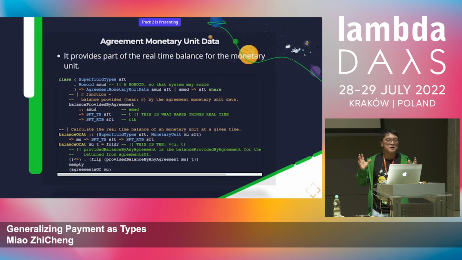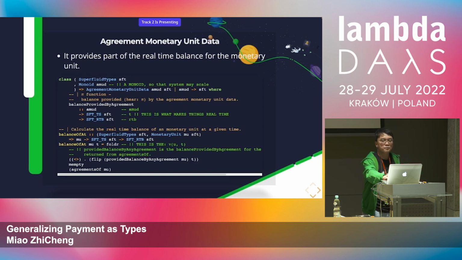So the agreement monetary unit data is one that provides pieces of balance to your banknotes, let's say. Right? And because we're talking about different subsystems, they are all little pieces of agreement monetary unit data, providing a pi function, let's call it, just to make it a shorthand. It's balance provided by this agreement.